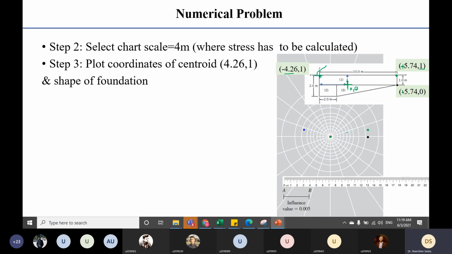So you can see this. Then you will locate this point. So this point will be located at -4.26 and -1.5, because below the centroid you will now take y as negative. Again, you will place the scale like this and locate this point. Similarly, you will locate the coordinates of this point.